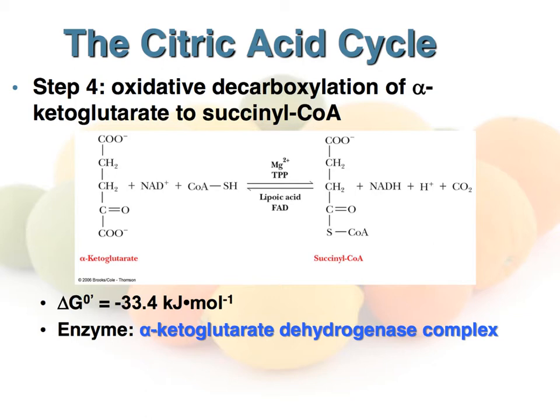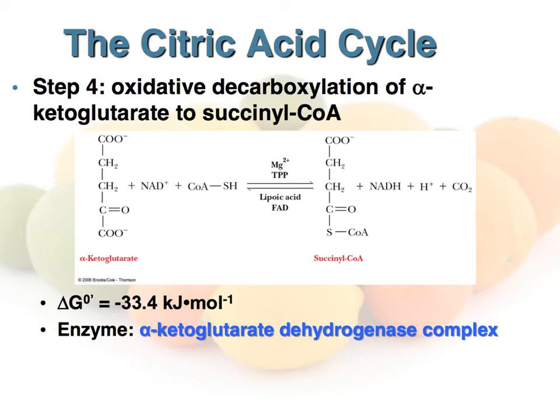Are there any questions so far? Okay, remember, we've actually gone over the checkpoints already. Step 0, the pyruvate dehydrogenase complex, is kind of like a gateway. Then we had steps 1, 3, and 4: citrate synthase, isocitrate dehydrogenase, and the alpha-ketoglutarate dehydrogenase complex.